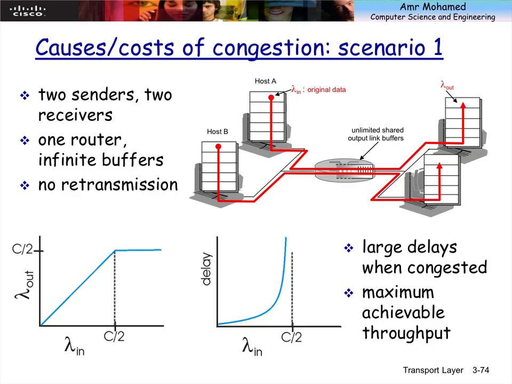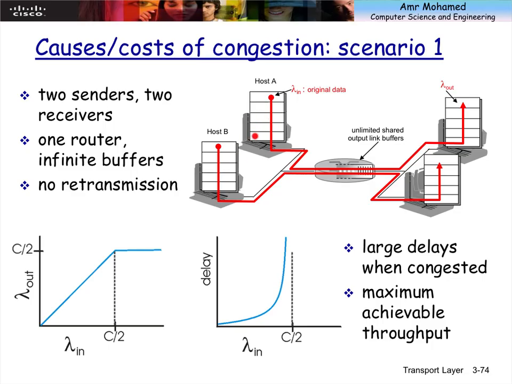The first case is very, very simple. We have only two applications sending to a shared router. Of course, in real life, it's not just a single router; it's many routers and end-to-end communication. But let's think about the simplest scenario.